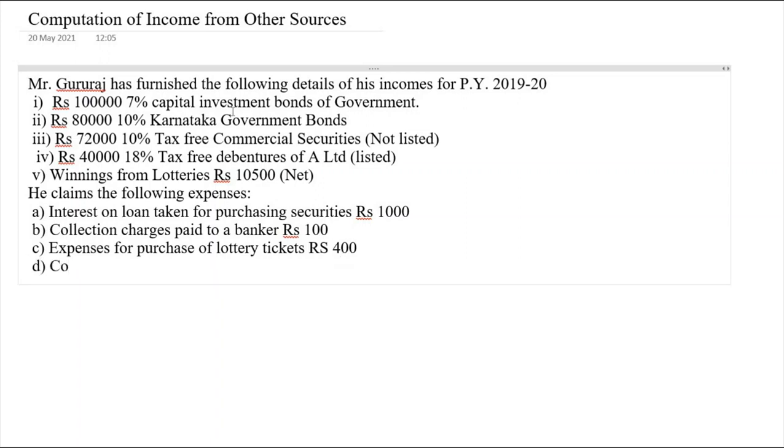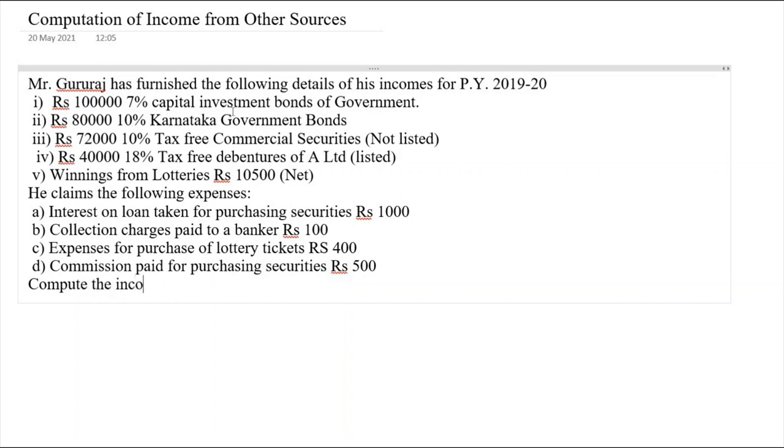D, commission paid for purchasing securities, rupees 500. From these details, compute the income from other sources for the assessment year 2021. Now let us discuss this problem before we go for solving it.